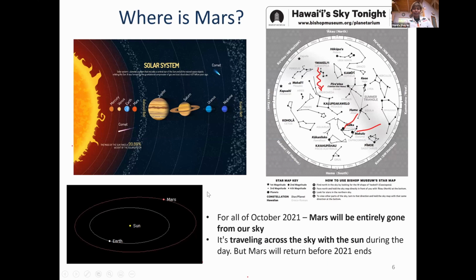Here we're talking about settlements. This month we cannot see Mars with our eyes because it's traveling with the Sun. So we don't see it at night this year, but you could see it last year.